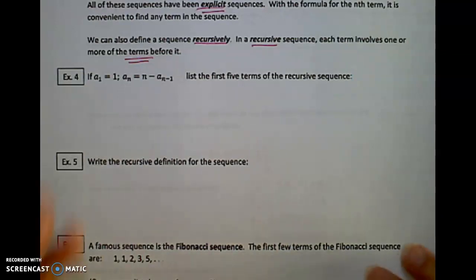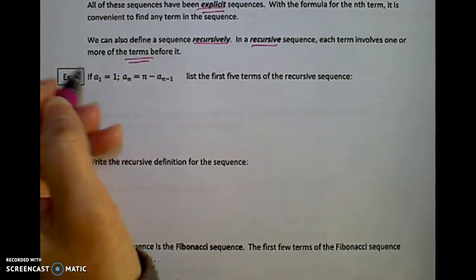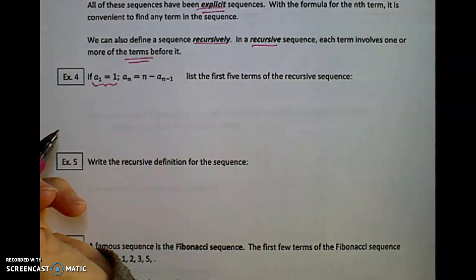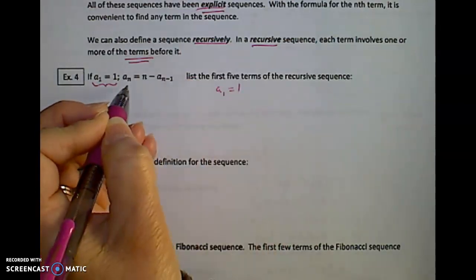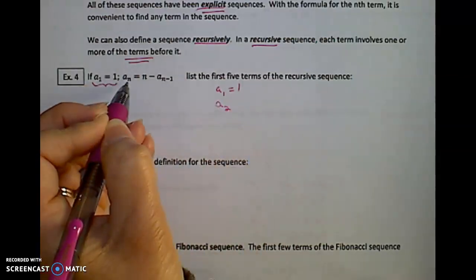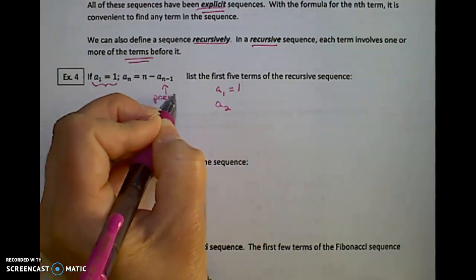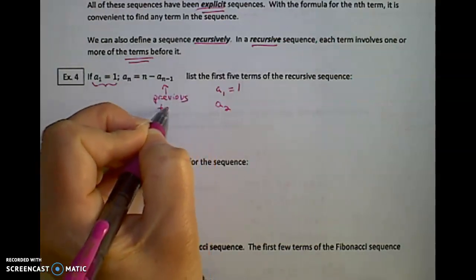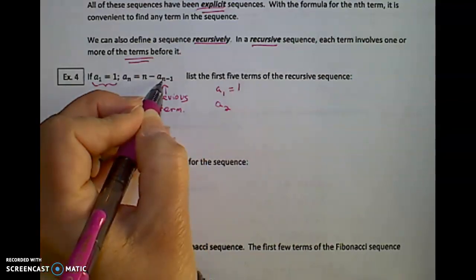So this is an example of a recursive sequence. It tells us where to start. The first term is a sub 1, and then this tells us what to do next. The next term, a sub 2, is defined in terms of the previous term. The term right before a sub n is a sub n minus 1.